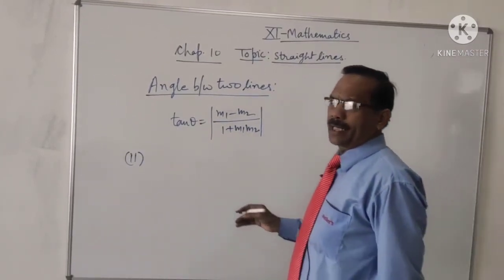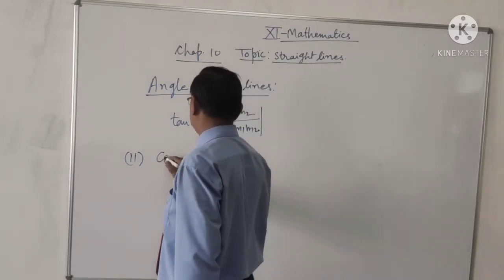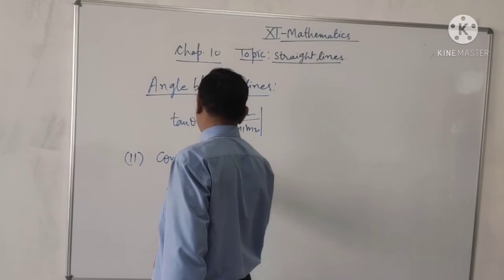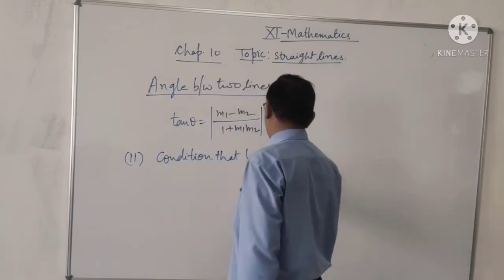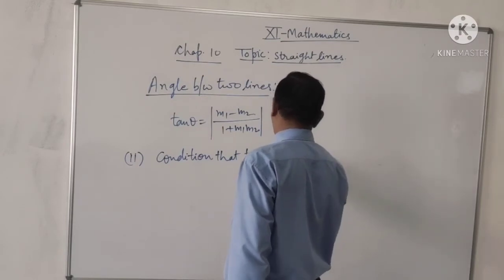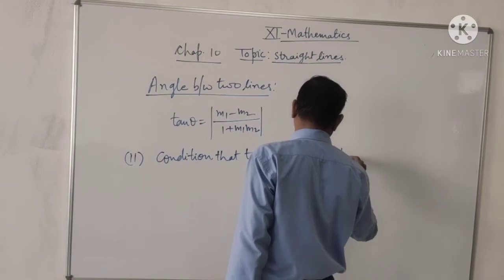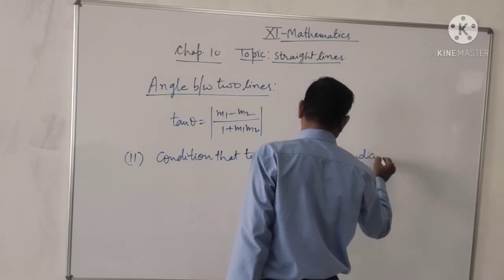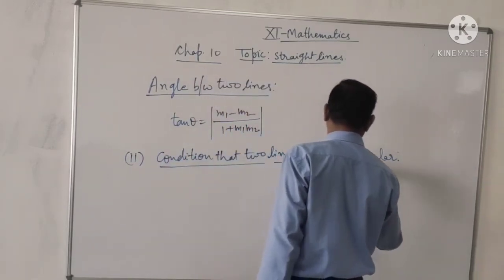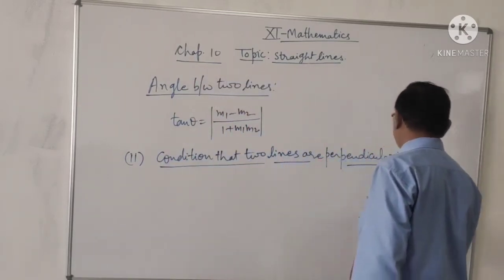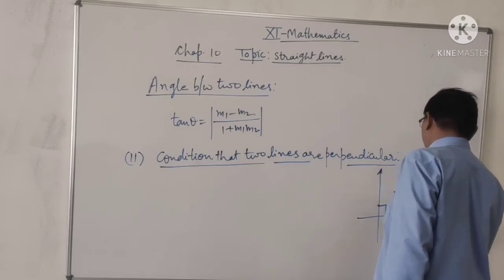Now, the second is the condition that two lines are perpendicular. Students, if two lines are perpendicular, then the angle between them is 90.